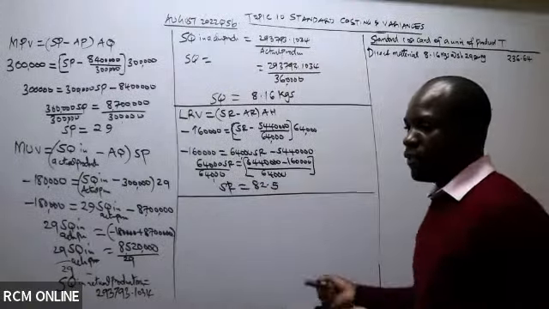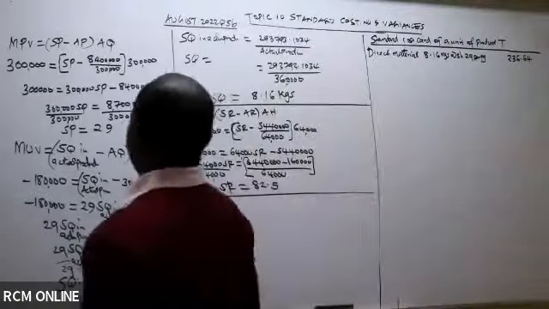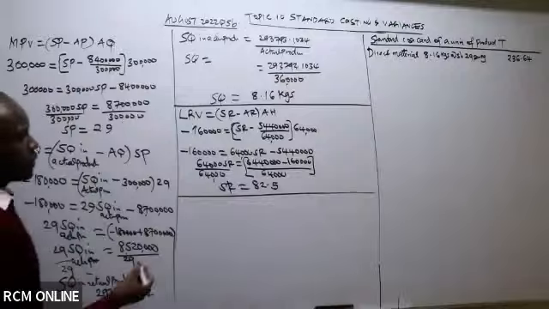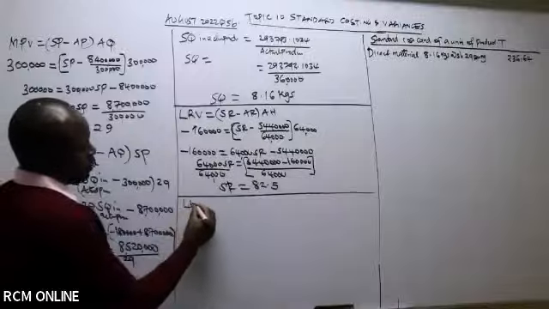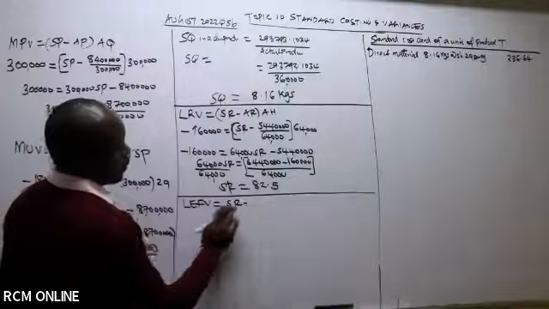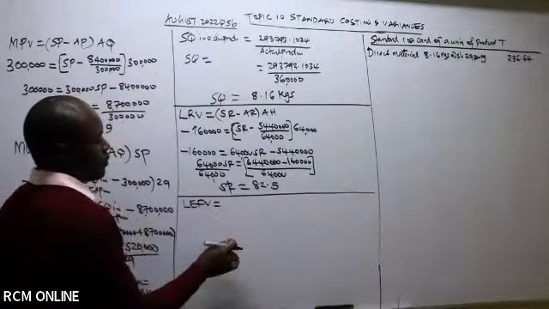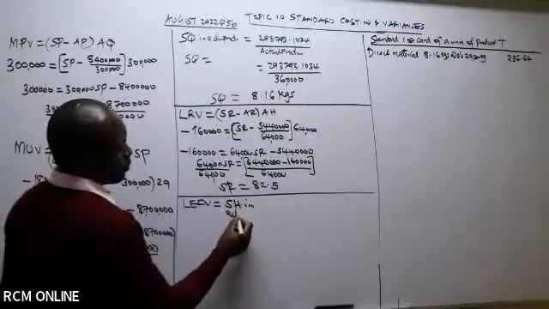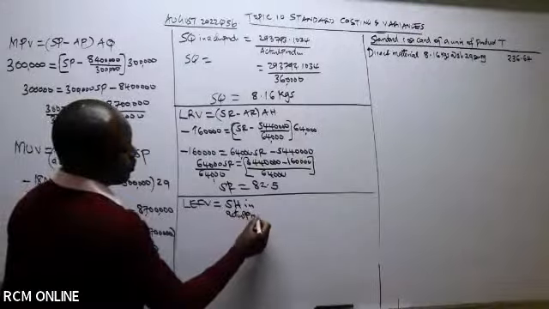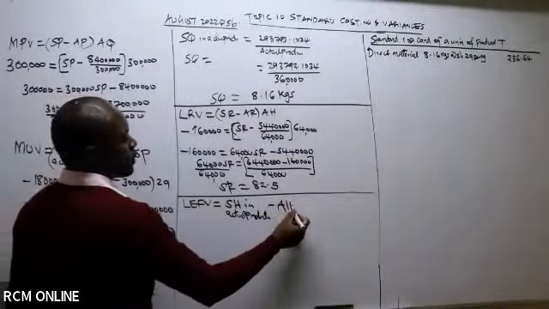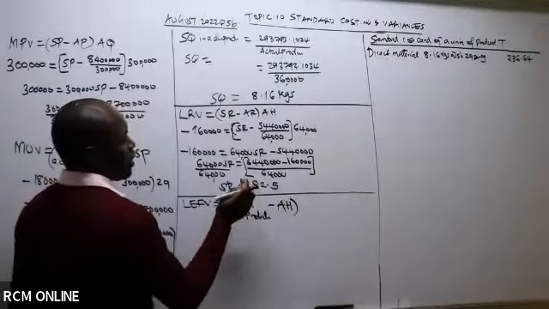Thank you. Let's move down and look at the labor efficiency variance, which will now give us the labor hours utilized against the standard labor hours. So labor efficiency variance is equal to standard hours in actual production minus actual hours, then we multiply by the standard rate.